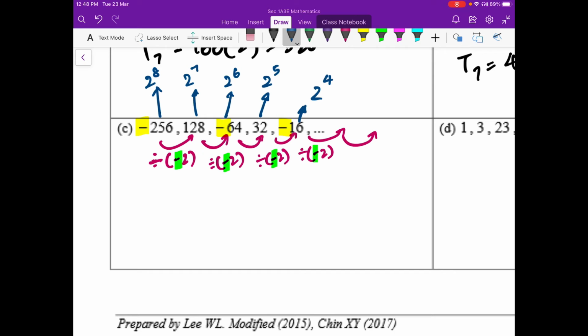Now next, if you just focus on these values, just the numerical value, 16, 32, 64, 128, 256, are they familiar numbers to you? When do you see these numbers? No, I don't want to talk about mathematics.